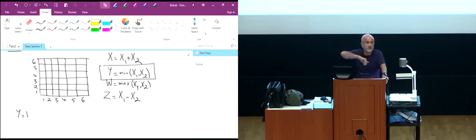You guys have answered. Go ahead. First column and first row. These are all the outcomes that correspond to the random variable y being 1.